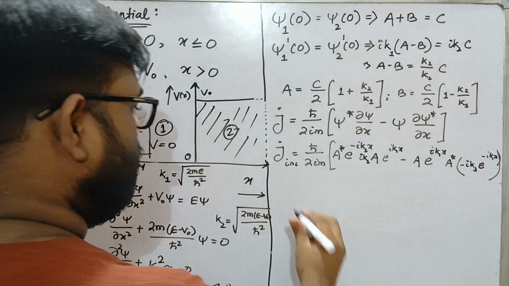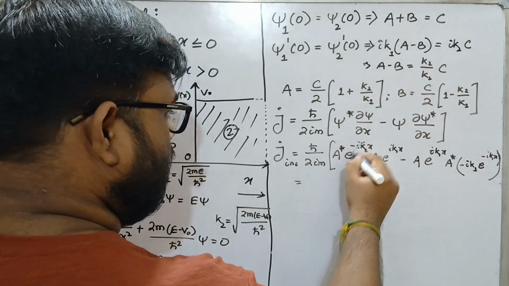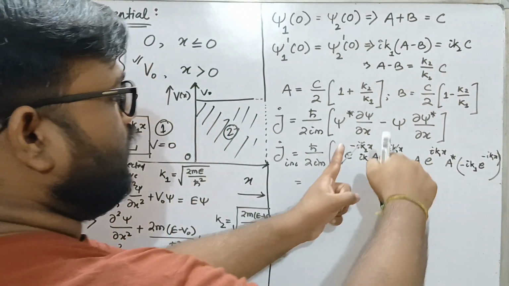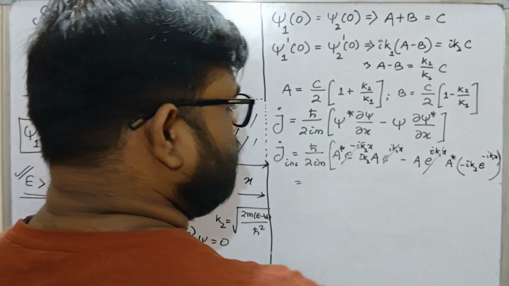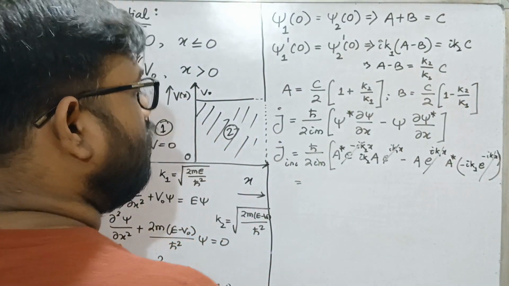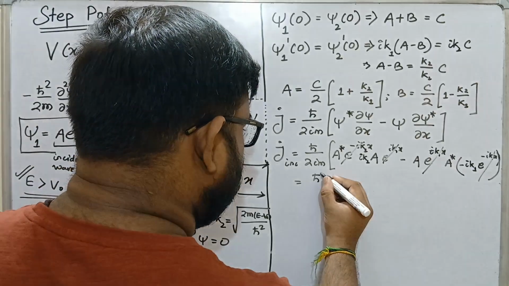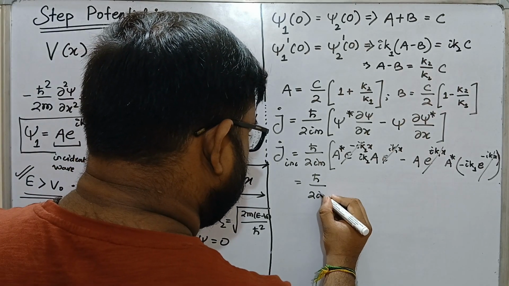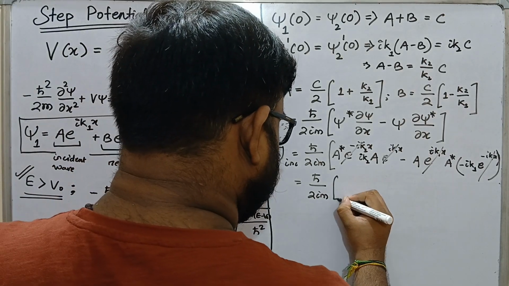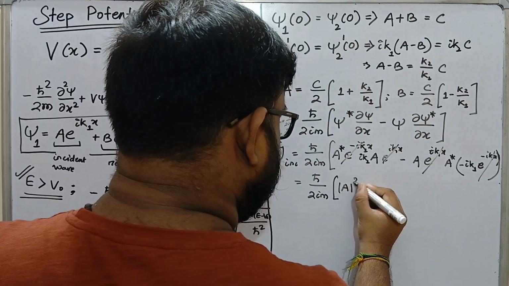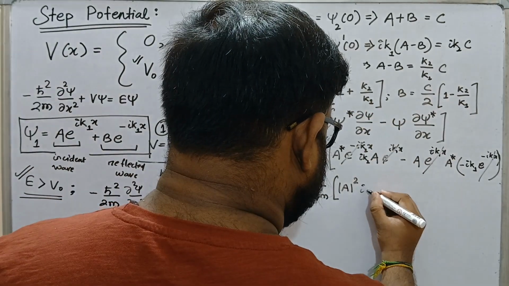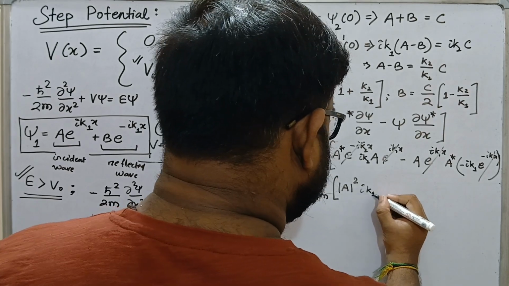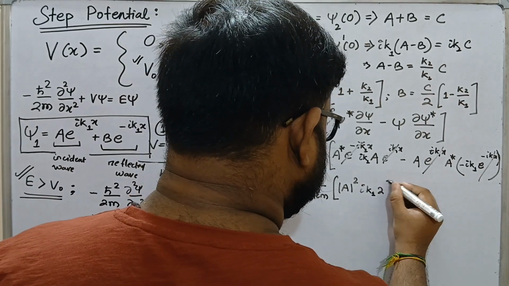Okay. Now look at this equation. This ik1x minus ik1x plus ik1x will go. This minus ik1x, this minus ik1x will go. What are we remaining with? We are remaining with h bar by 2im into a mod square into ik1 into 2.